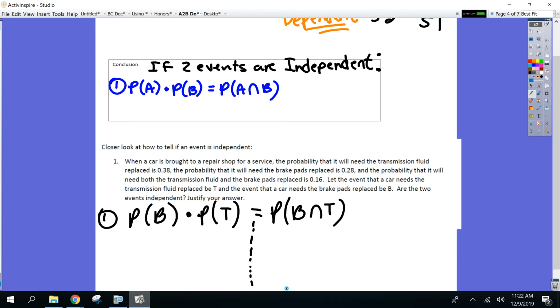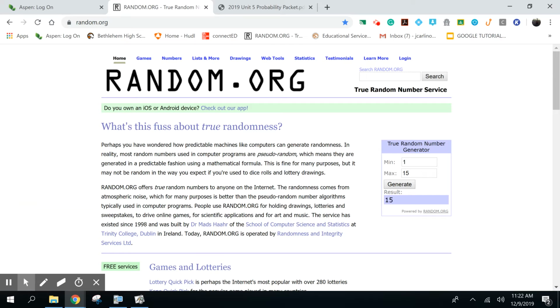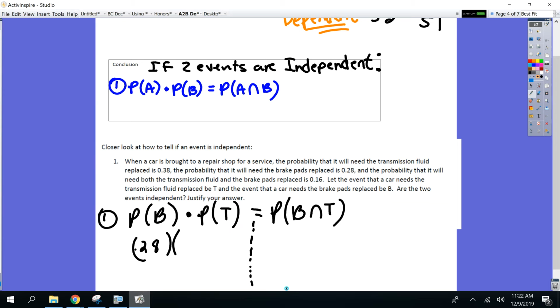You just got to read through. Nick, you got to read through. So ready, everybody? 0.28 times transmission fluid. Find it in the problem. 0.15 transmission fluid. I believe that's the both one.